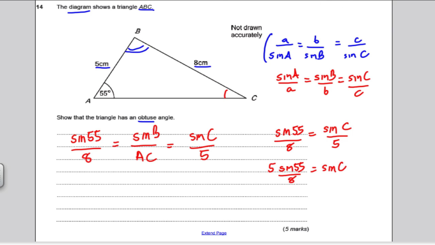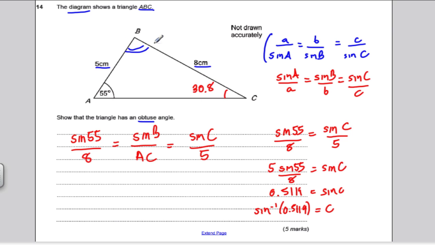And that gives us that sine of C, working this whole thing out, is about 0.5119. So the angle at C is the inverse sine of this. Typing that in on your calculator, you get about 30.8 degrees. So C is 30.8 degrees.